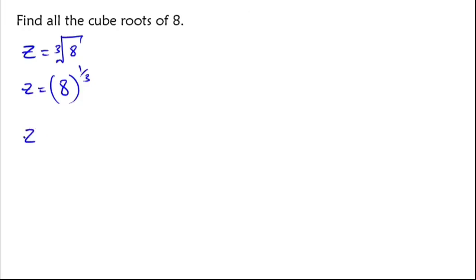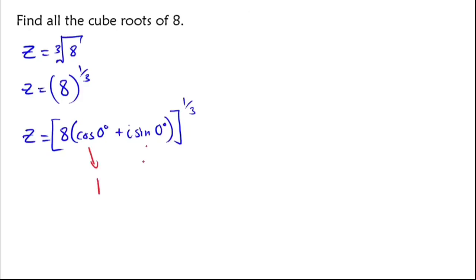So this means that z is equal to 8 multiplied by cos 0 degrees plus i sine 0 degrees, and all this is raised to the power 1/3. So this bracket that I have here, cos 0 is just 1, sine 0 is 0. So if I multiply that with 8, I'll still get back to the 8 that I had. So that's how I write this particular complex number in polar form.